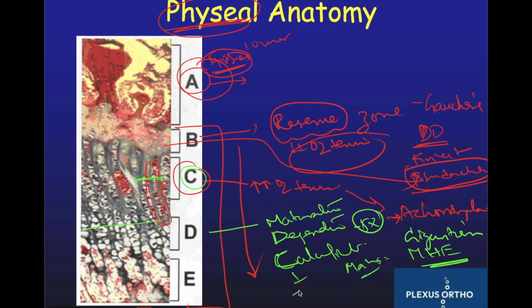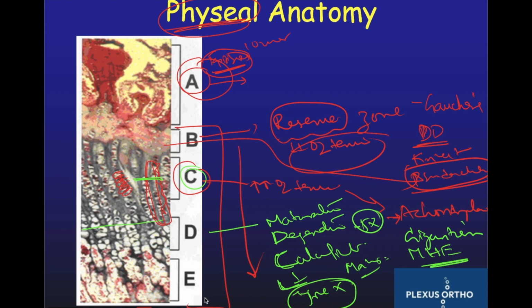Here type 10 collagen is produced by hypertrophic chondrocytes for mineralization. This is an MCQ question which is very commonly asked in your NEET PG as well as in your future super specialty, MRCS and FRCS exams, so remember it.